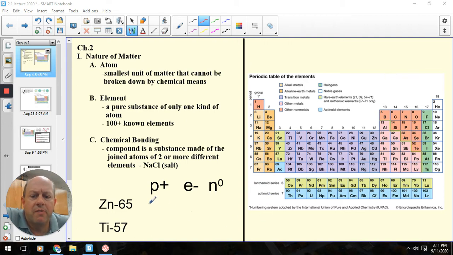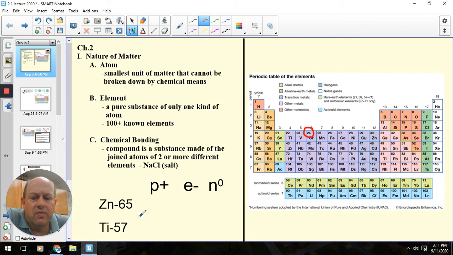Atoms are made up of protons, electrons, and neutrons. The protons are represented by the atomic number, and the atomic number is always the smaller number on a typical periodic table. That's the number of protons, and that would also be the number of electrons.